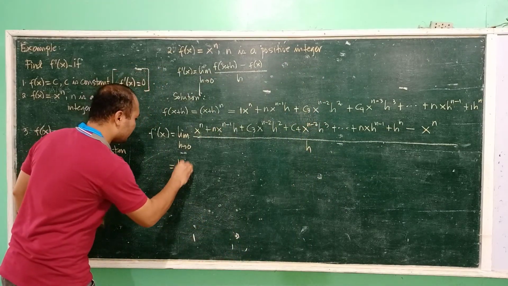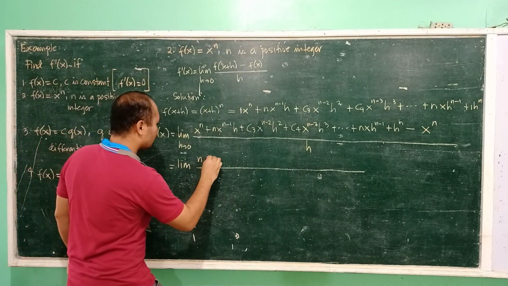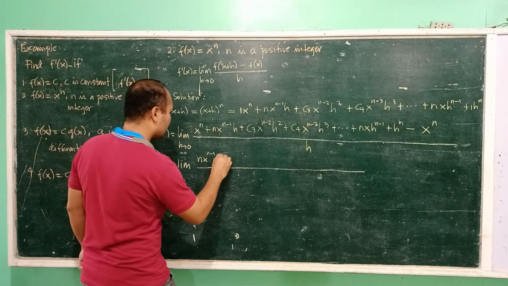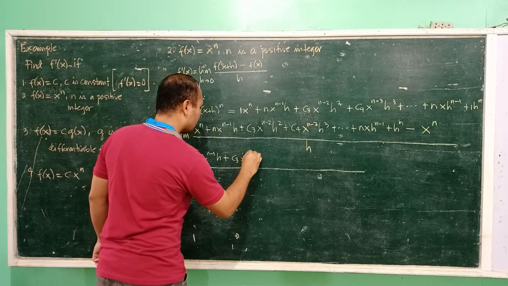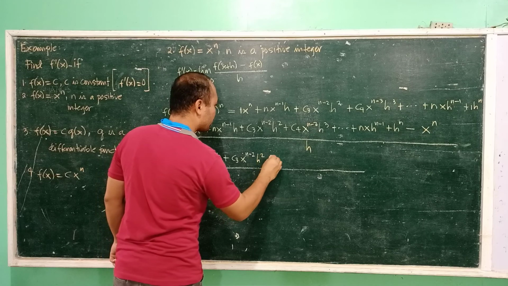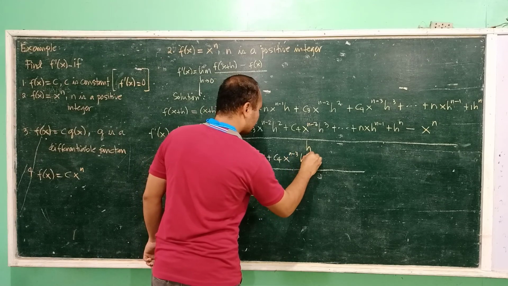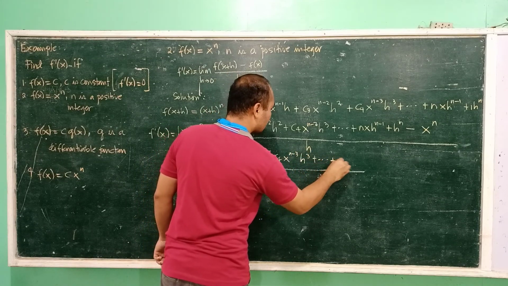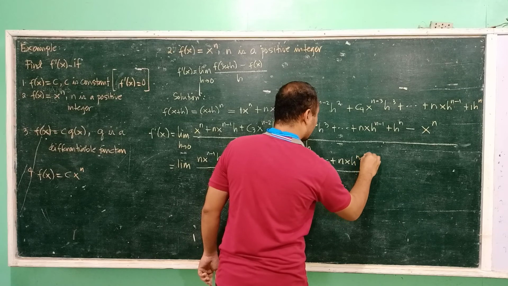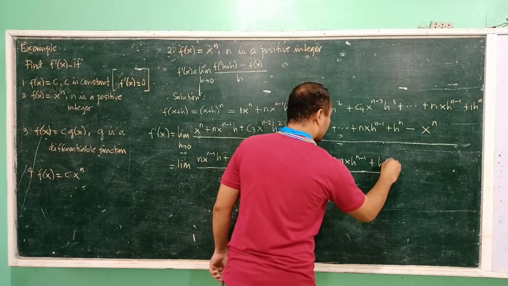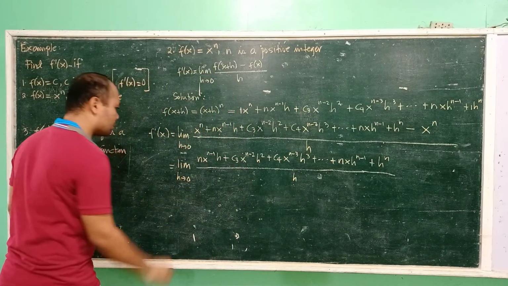So you'll be left with the limit of n, x to the n minus 1, h plus c sub 3, x to the n minus 2, h squared plus c sub 4, x to the n minus 3, h cubed plus, you'll be left with n, x, h to the n minus 1 plus h to the n, all over h as h approaches 0.